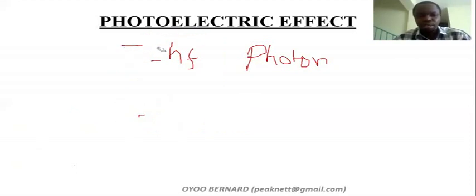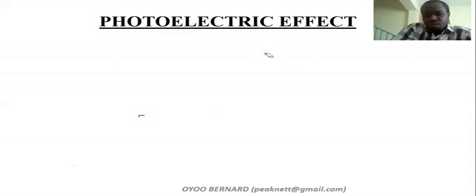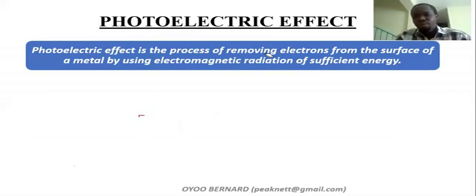So we can bring in a phenomenon known as the photoelectric effect. So what is this photoelectric effect? Photoelectric effect is the process of removing electrons from the surface of a metal by using electromagnetic radiation of sufficient energy.